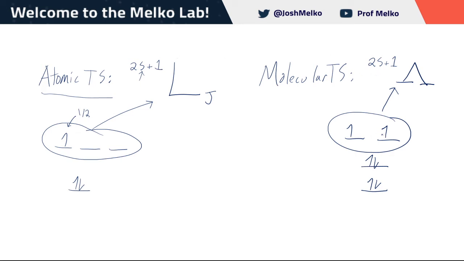So if there are 2 unpaired electrons here, 1/2 from this, plus 1/2 for this other electron, S here is going to be 1, and 2 times 1 plus 1 would give us 3 here for the 2S plus 1, whereas this would have been 2 for the 2S plus 1. Okay, so that's pretty straightforward. The spin is still going to be the same in the molecular term symbol, right?